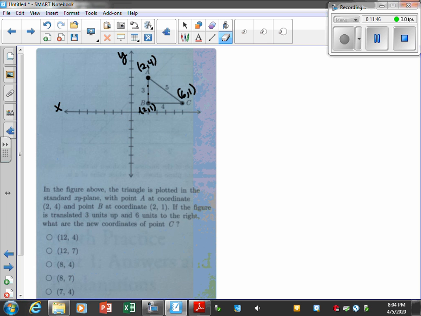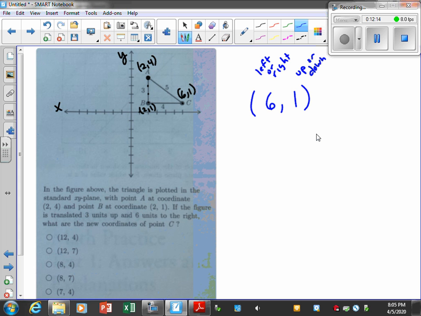It says if the figure is translated up 3 units and to the right 6, what is the new coordinate of point C? So if I take point C, which is an XY, this goes up or down, and this goes left or right.